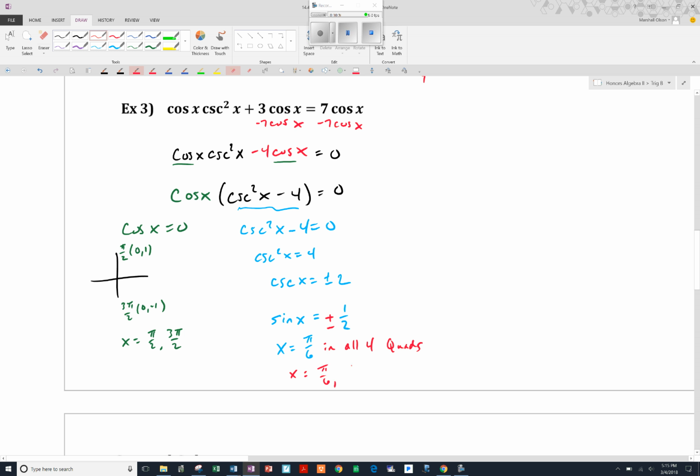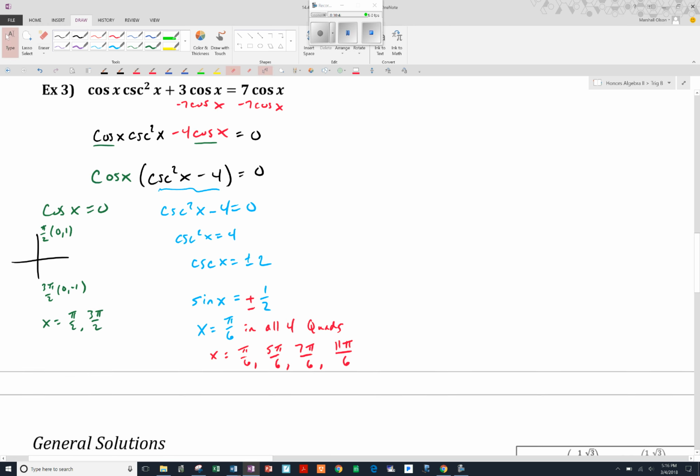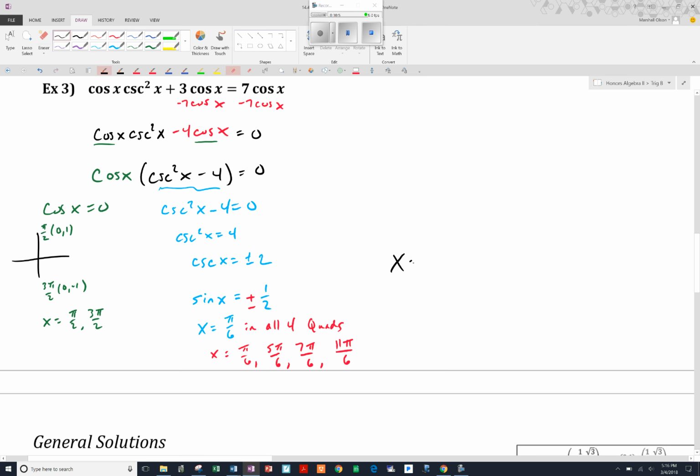pi over 6, 5 pi over 6, 7 pi over 6, and in the fourth quadrant, pi over 6 short of 12 pi over 6, or 2 pi, would be 11 pi over 6. So I'm going to list these all in order here now for my final answer. Okay, so my final answer to this problem is these 6 angles: pi over 6, and then pi over 2. I'll put them in order here.